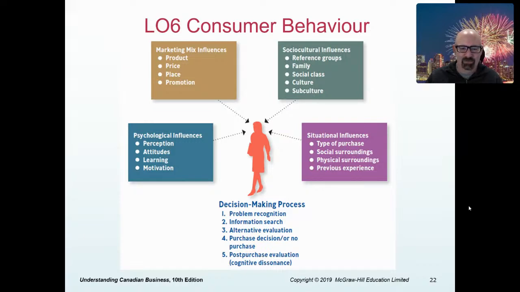We eventually make a decision, yes or no. Do we buy? Do we not buy? And then we evaluate the decision after. That's our post-purchase evaluation. And we look for cognitive dissonance. So cognitive dissonance is, in essence, what's an easy way to describe it? When you have some inconsistency. Okay.